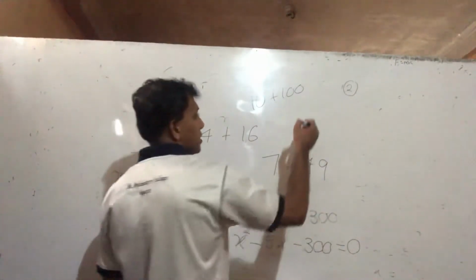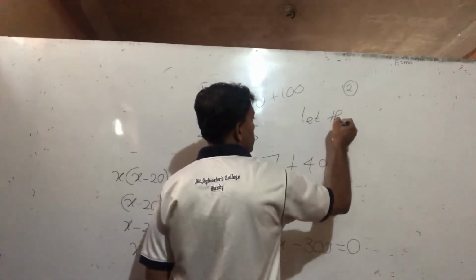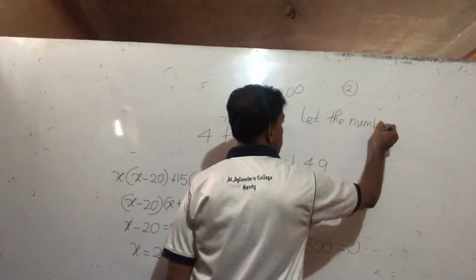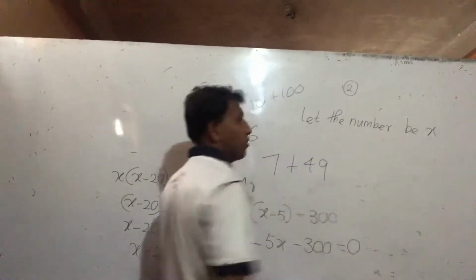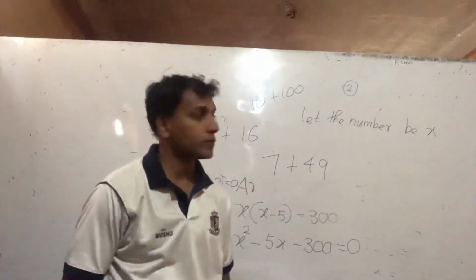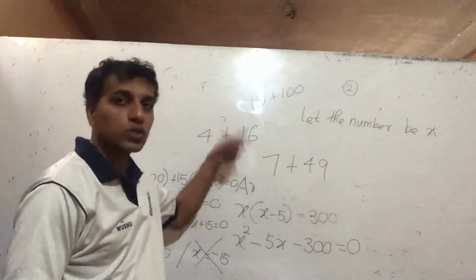So we say, let the number be x. Write this form: let the number be x. As I mentioned, if the number is 4, add 4 squared, 16.